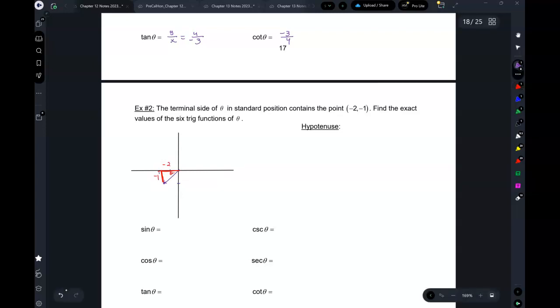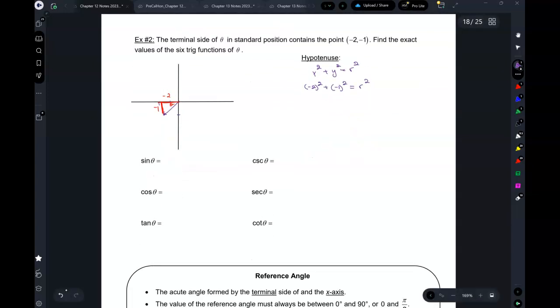So now first we need to find r. X squared plus y squared is equal to r squared. -2 squared plus -1 squared is equal to r squared. And these all become positive, right? Because we're squaring them. 4 plus 1 is r squared. 5 is r squared.